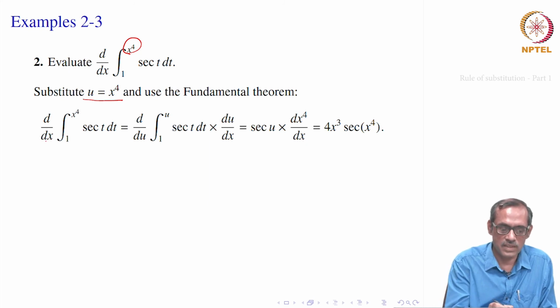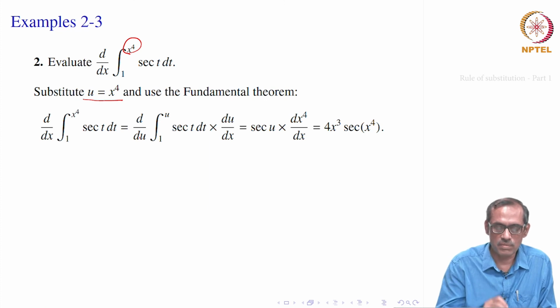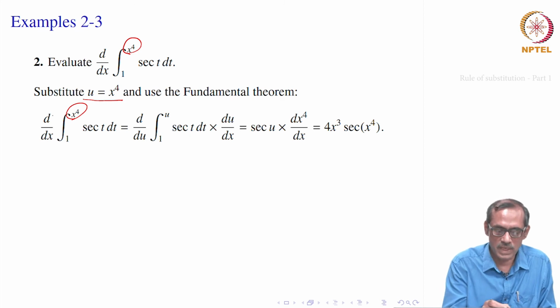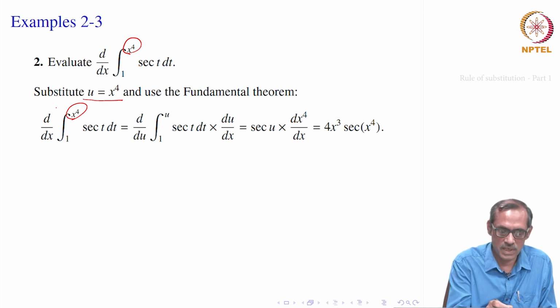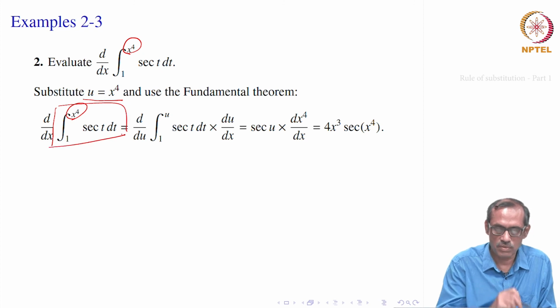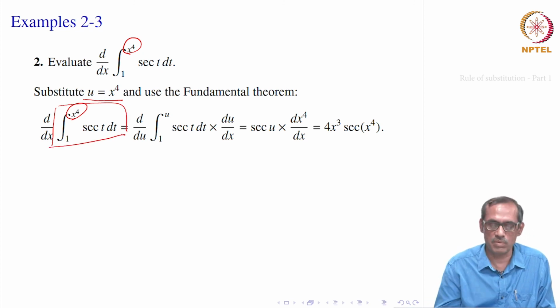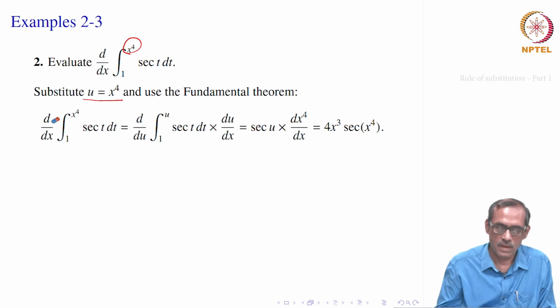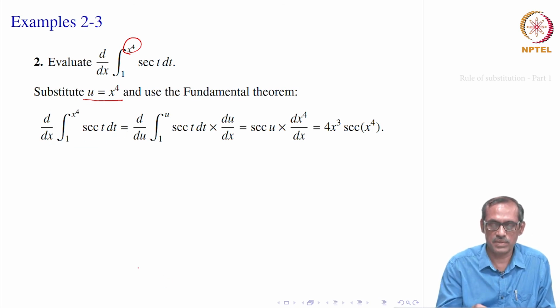So, now d by dx of the integral from 1 to x to the fourth of secant t dt equals d by du of the integral from 1 to u of secant t dt, times the derivative of u with respect to x.